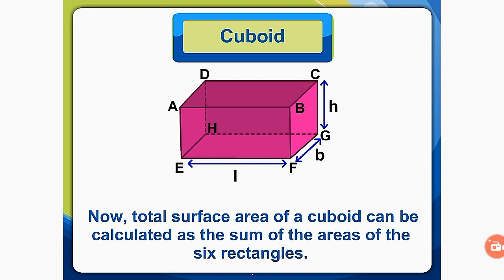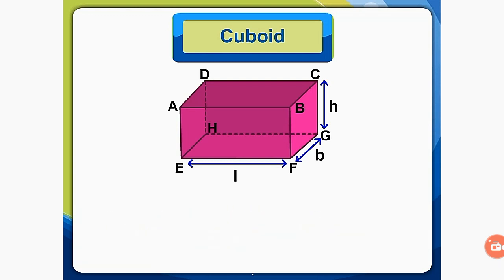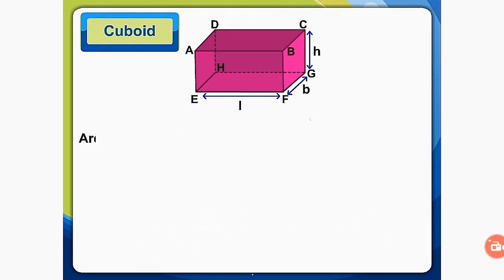One thing we need to remember here is which dimensions make up the faces. So now let us discuss the top and bottom first. So areas of A, B, C, D is the top face and E, F, G, H the bottom face.